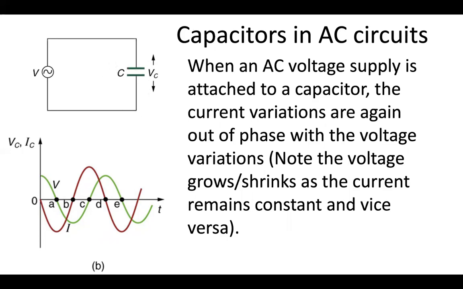But what if we have an alternating voltage supply? Well, it turns out that if we have an alternating voltage supply, which is basically putting positive charges on one plate, then pulling them off and putting them on the other plate, the current again gets pulled out of phase with the voltage, but in the opposite direction.